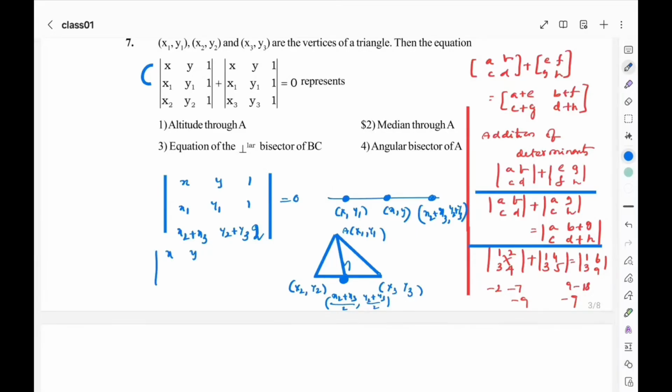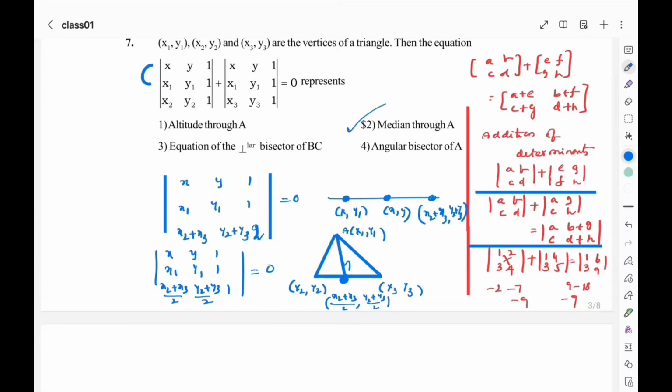So one more step I can write: x1 y1 1, x2 plus x3 by 2, y2 plus y3 by 2, and here you should maintain 1. Then only does the line pass through the specified points. So it is a median. In this you should know I used two properties.